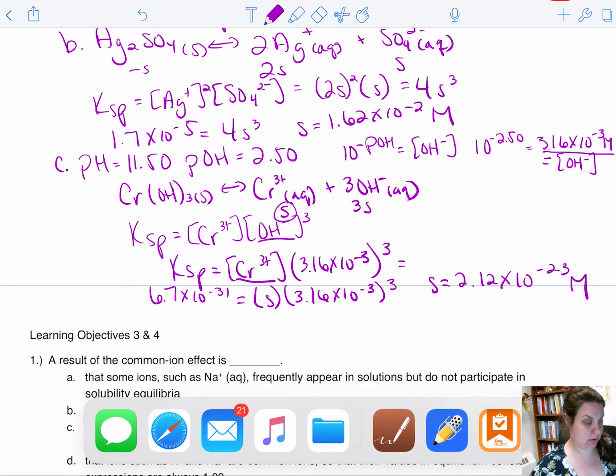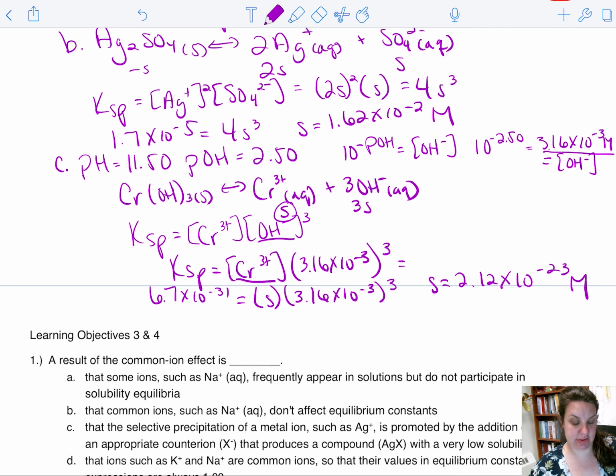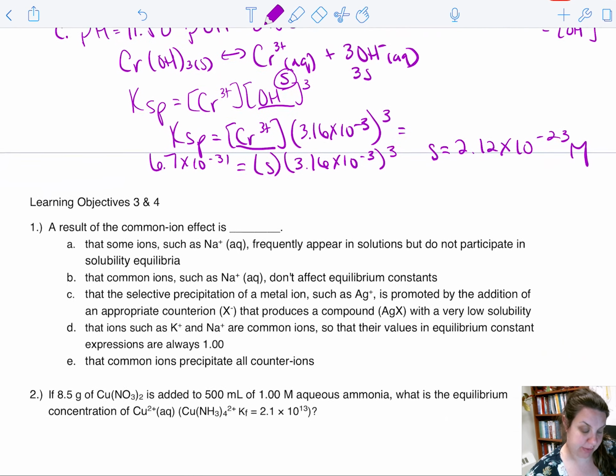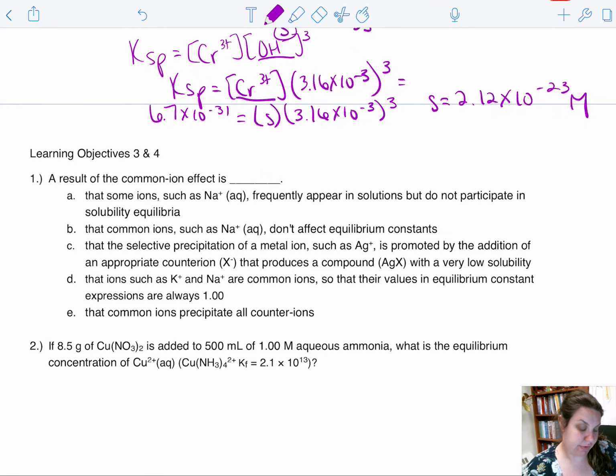Okay. Next is just a multiple choice question. The result of common ion effect is, if we look at these, sodium ions frequently appear in solutions but do not participate in solubility equilibria. That is true, but that's not what our common ion effect says. Common ions such as sodium don't affect equilibrium constants.